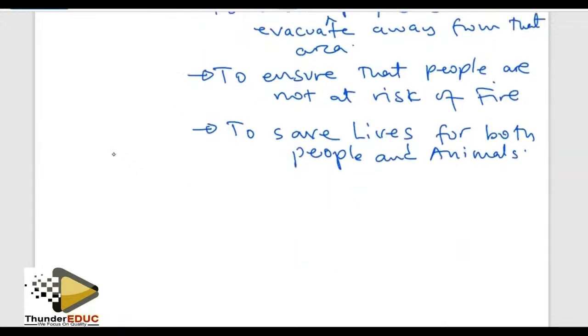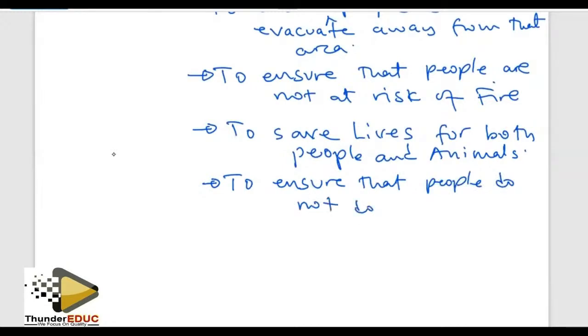So to ensure that people do not do bush burning during big winds.